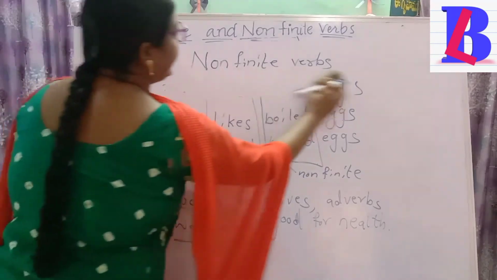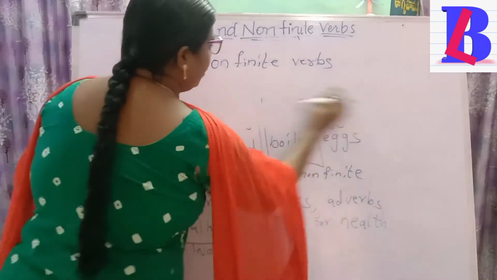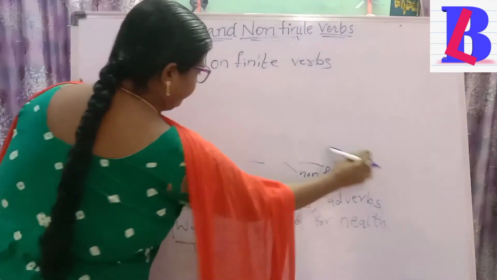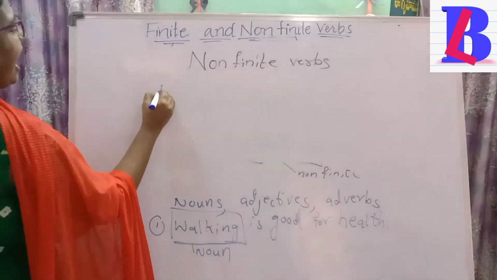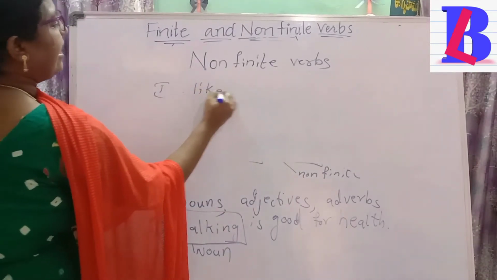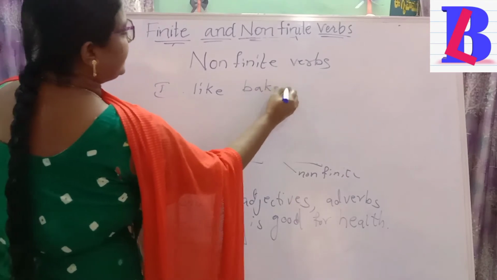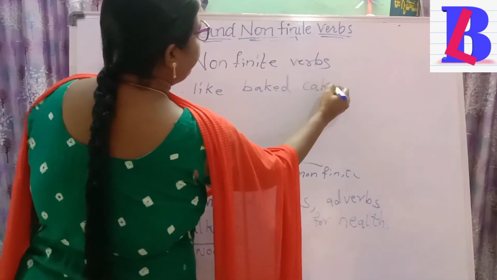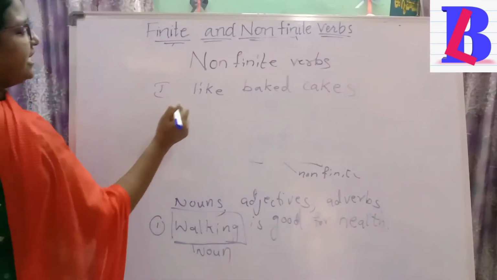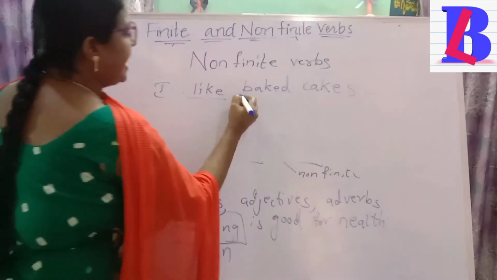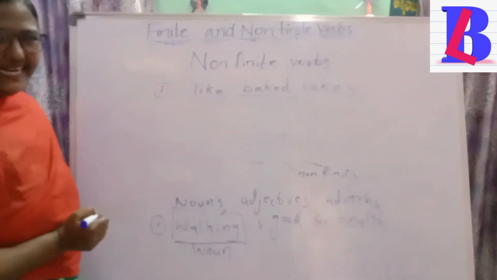Now let us see another example of non-finite verbs. I like baked cakes. Here we can see two verbs. One is like and the other one is baked.